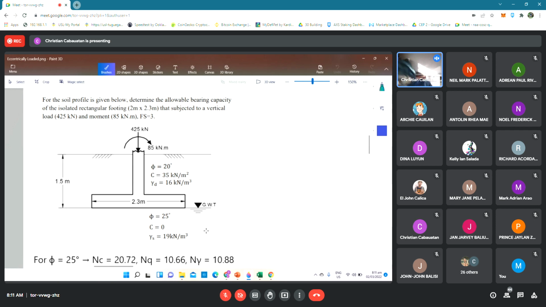I don't know where you found that value. It is not in our discussion. And then your Nq became 10.6 or 10.7. You can see there is a discrepancy and it is quite far off.